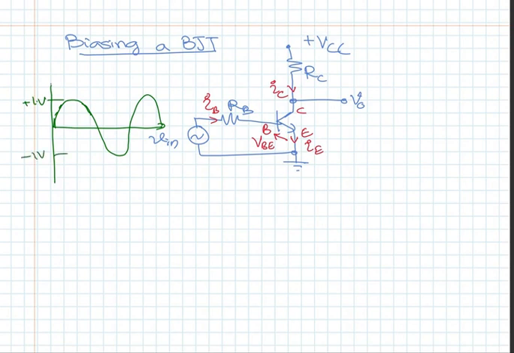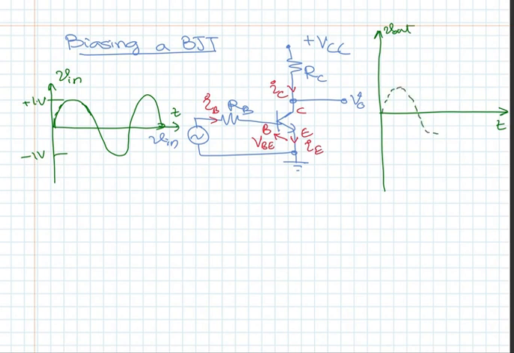What is going to be my output? Let's draw this as my input voltage, and let's assume that my VCC is somewhere here. This is my VCC. Right, what is my output? We don't know. We have to find it.